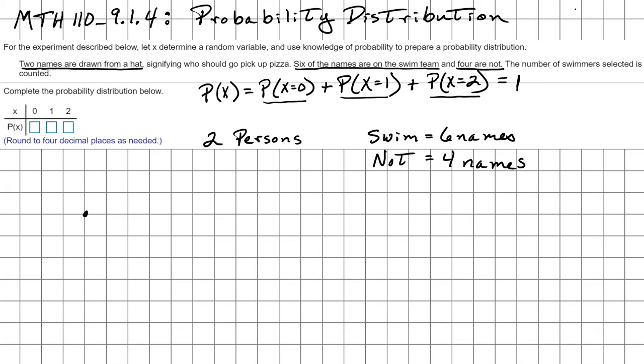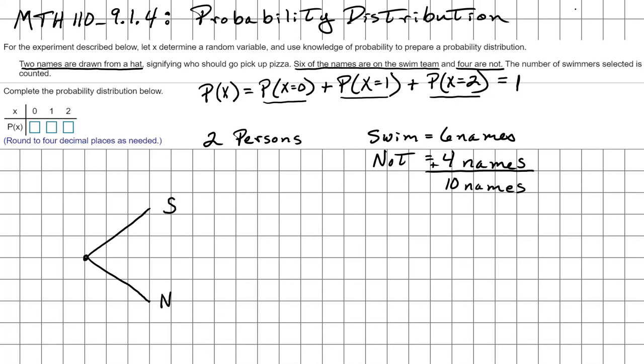So we note that there are 2 possibilities when I first draw. And that's going to be that the person is either on the swim team or they're not on the swim team. In order to calculate the probability of that, we need to know first off what the total number of people are in this group, which in this case will be 10 names.